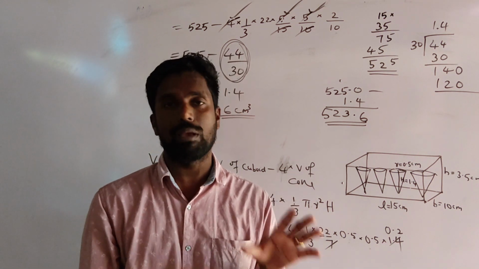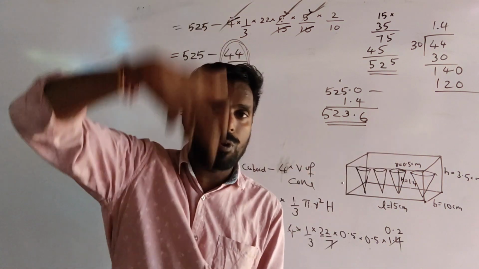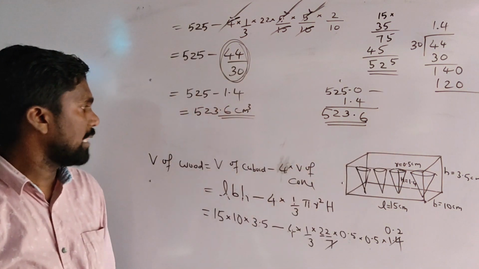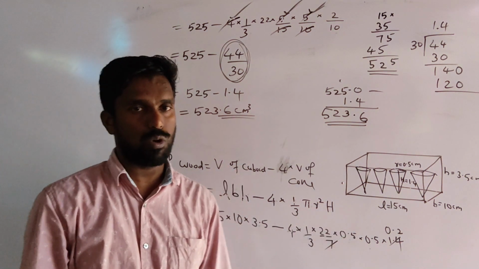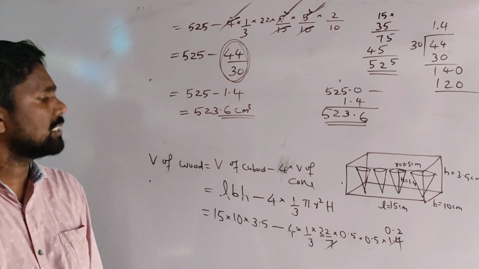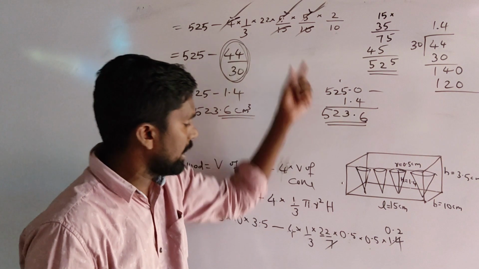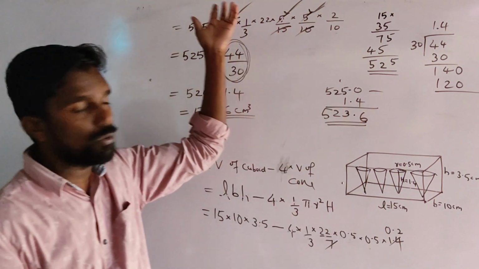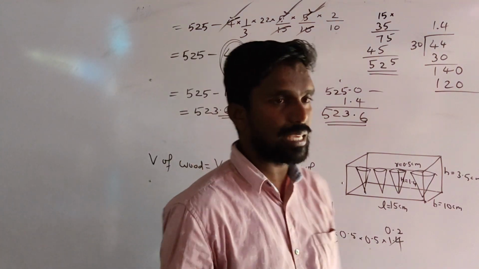Very important thing, volume of wood means volume of cuboid minus 4 into volume of cone. That is LBH minus 4 into 1 by 3 pi r square h. So do the calculation. For easy calculation, 0.5 is 5 by 10, 0.5 is 5 by 10, 0.2 is 2 by 10. If you want, you can do any method. Final answer is 523.6 centimeter cube.